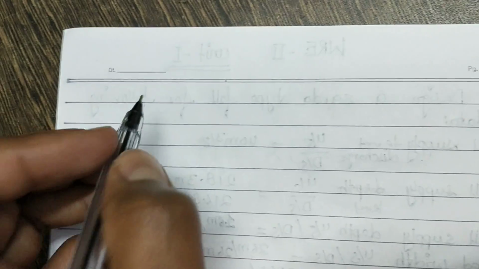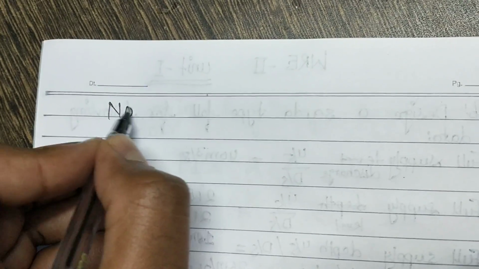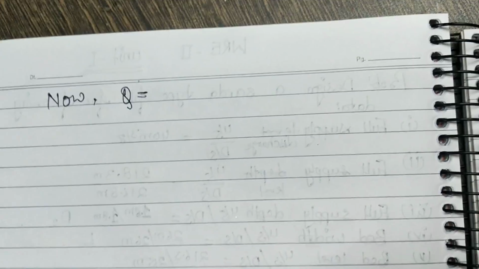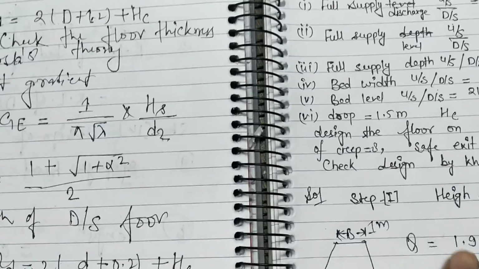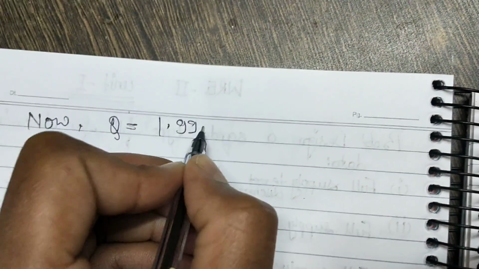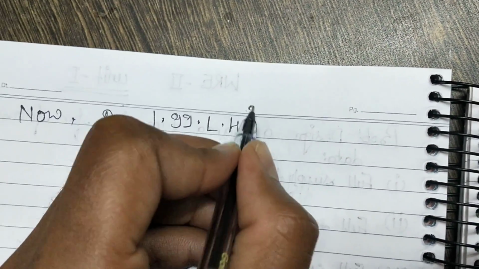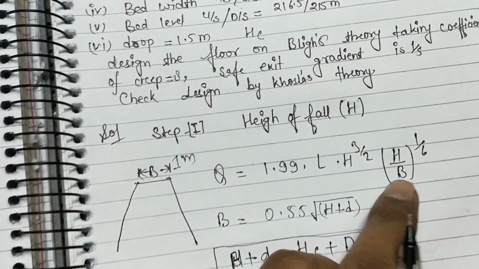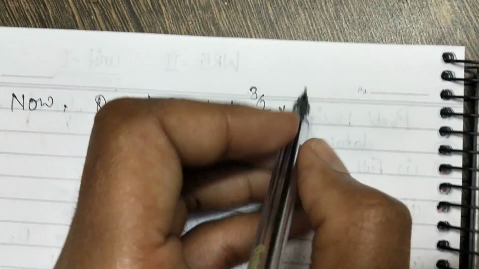Okay, now from the equation of discharge, Q equals 1.99 into L into H power 3 by 2 into H upon B to the power 1 by 6.